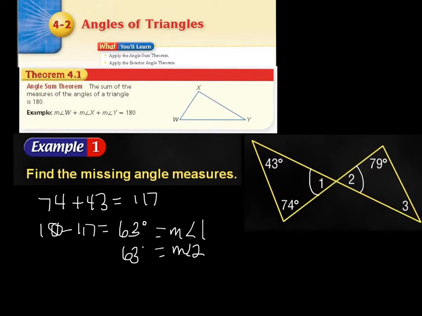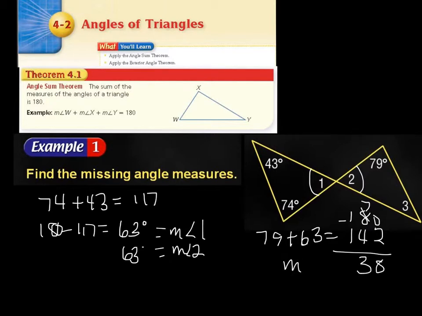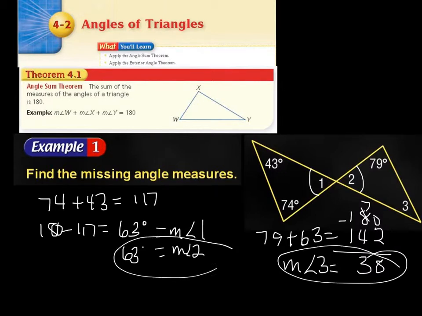So we're going to add 79 plus 63 would be 142, and then if we subtract that from 180, we get 38 must be the measure of angle 3. Those are 3 answers for one problem.